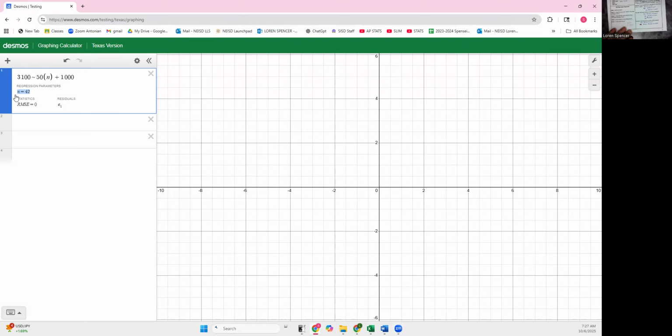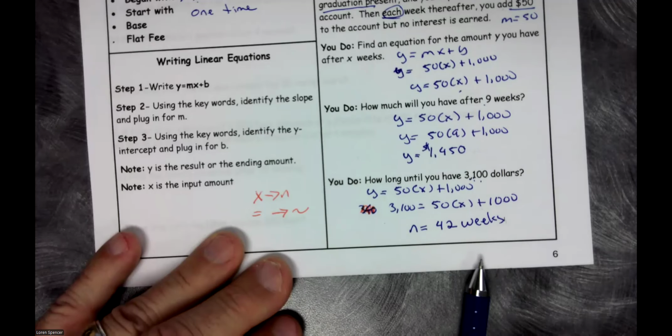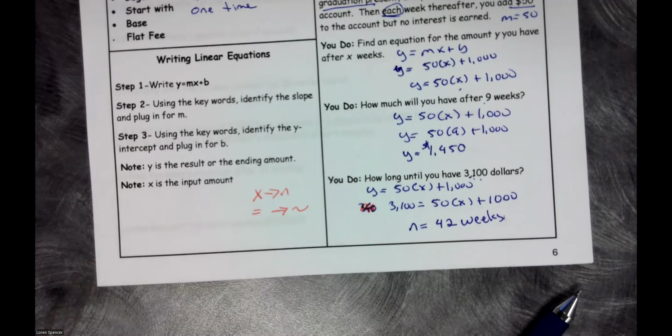So a little bit less than a year. So n is 42 weeks. That's what we have there. N is 42 weeks.